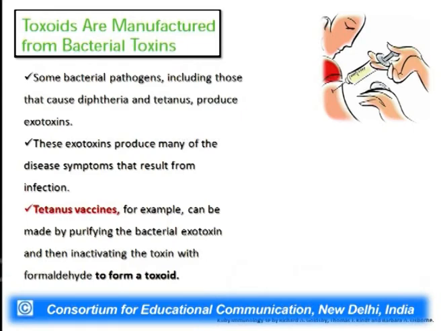Once we inactivate the toxin with formaldehyde, we call it a toxoid. This toxoid is safe to be used as a vaccine in an individual and is not going to cause any disease symptoms. So with this we develop an effective vaccine for diphtheria as well as tetanus.